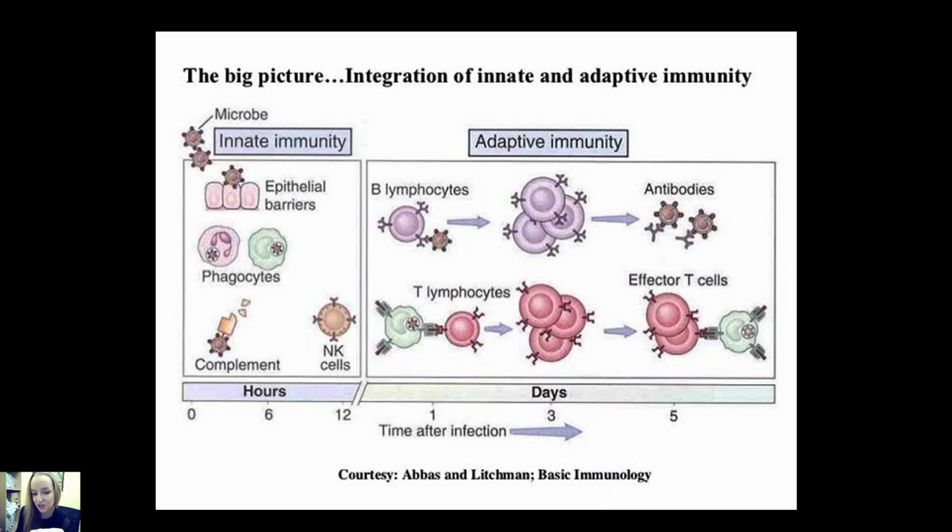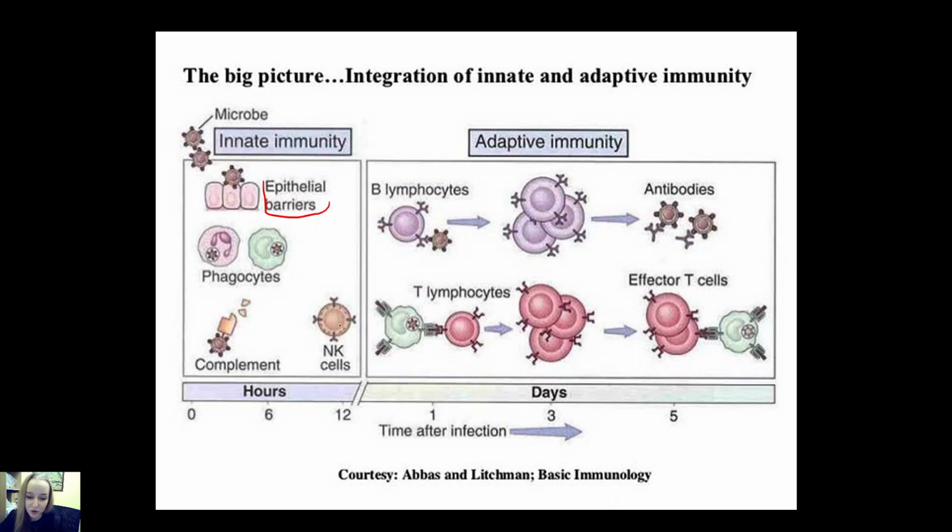They don't need to acquire immunocompetence because they already know what to fight, what to eat. There are phagocytes like neutrophils and also eosinophils, basophils, and macrophages, and epithelial barriers are also part of innate immunity, like your skin, but also the mucosa in the gut or gastrointestinal tract or airways.